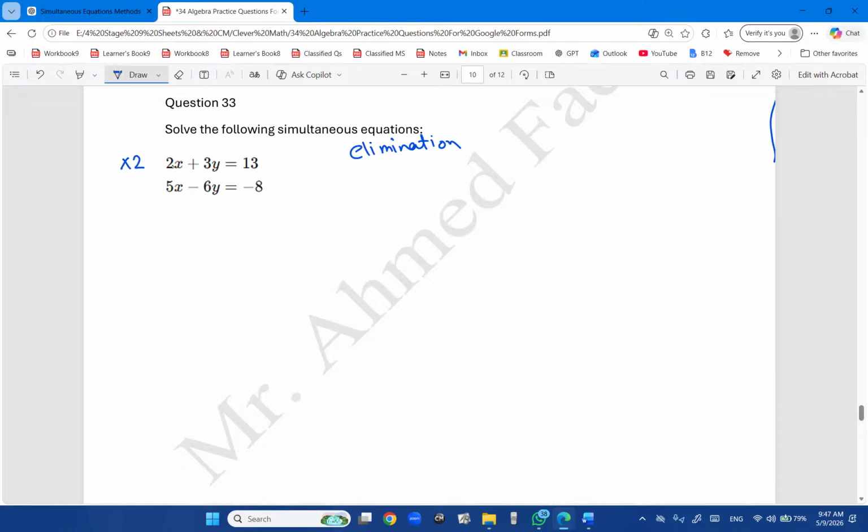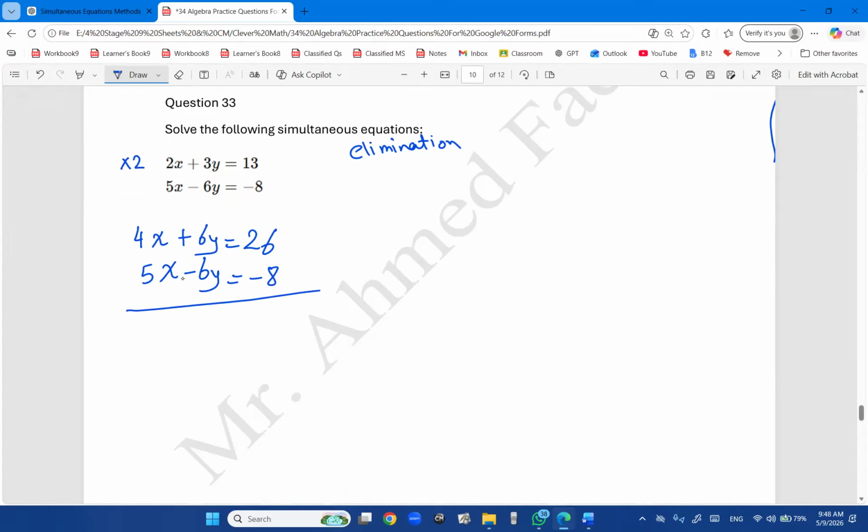So multiplying the whole equation by 2 gives you 4x plus 6y equals 26. Then the second equation, I will not touch it: 5x minus 6y equals negative 8.